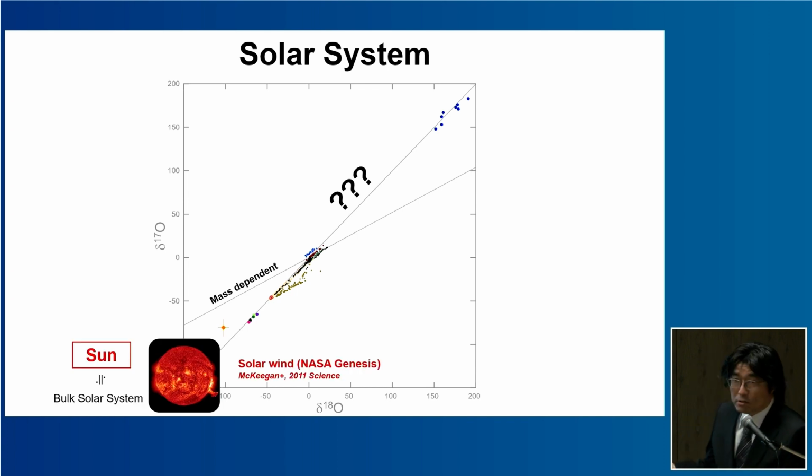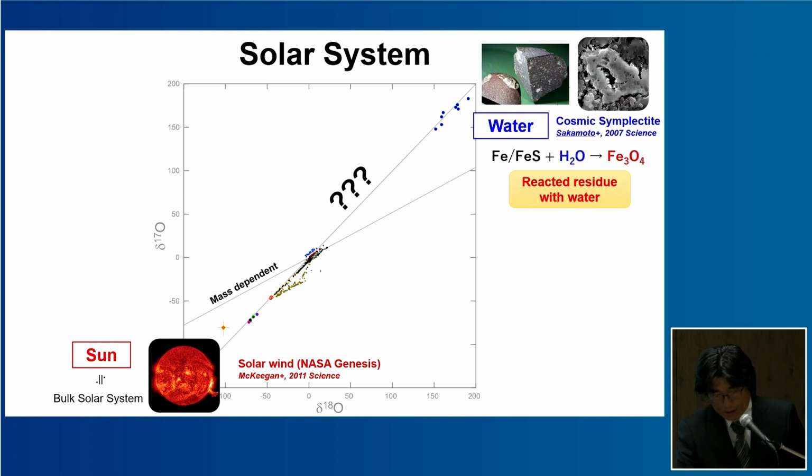The O16-rich end member is the Sun, measured by the NASA Genesis mission, collecting solar wind over a long time. Another end member is found in meteorites as a residue reacted with water.